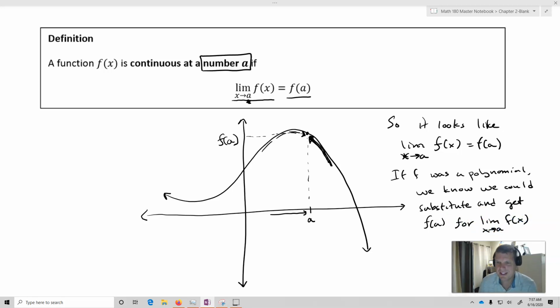So that's just an example. So f is continuous at a. It's continuous at the point. Let's look at an example where it's not continuous.